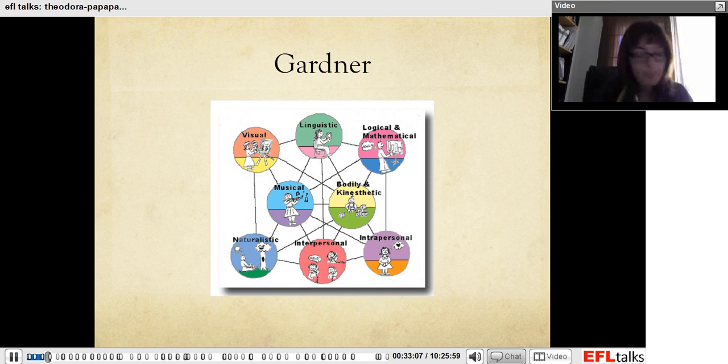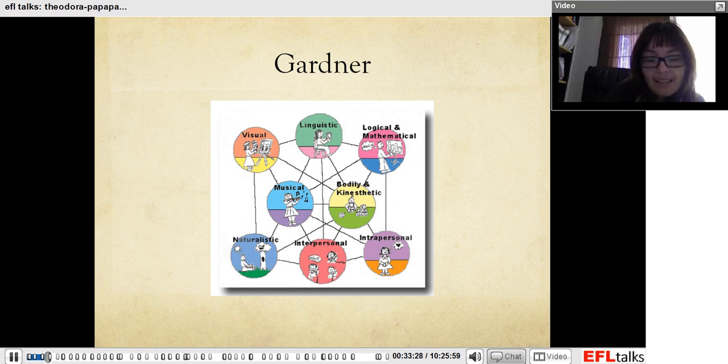And somebody also mentioned Gardner, and I have to say that Gardner has a really interesting theory about the personalities, and he has added some more personalities besides the basic visual, auditory, and kinesthetic.